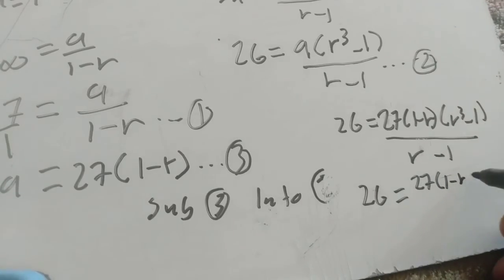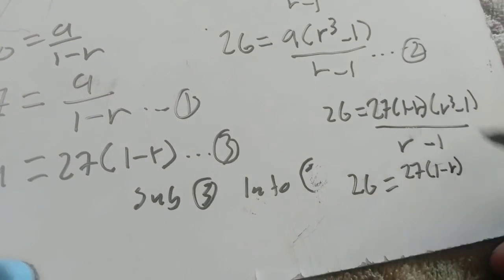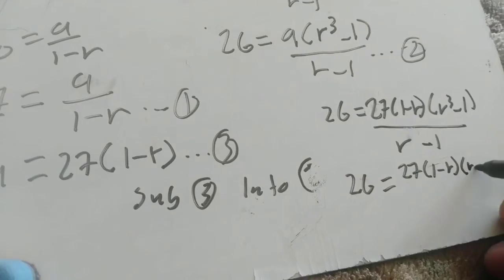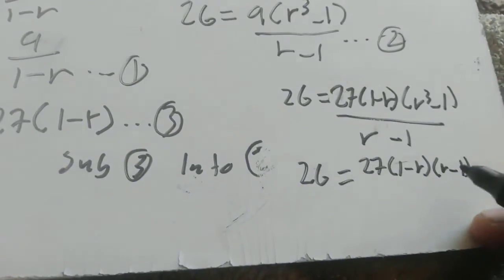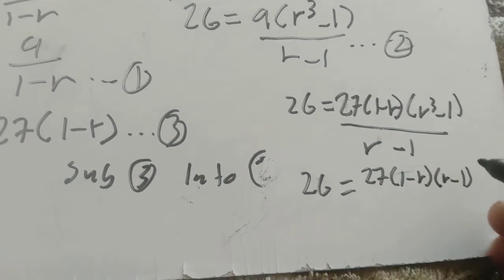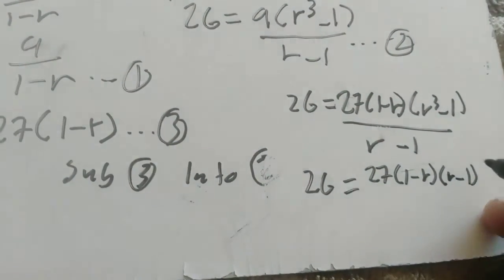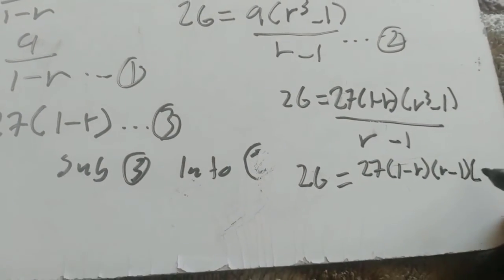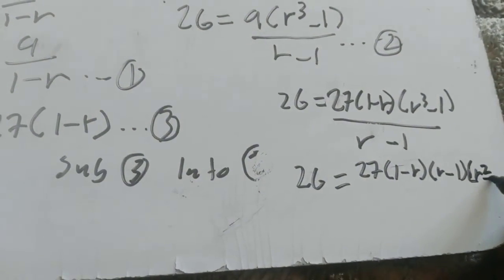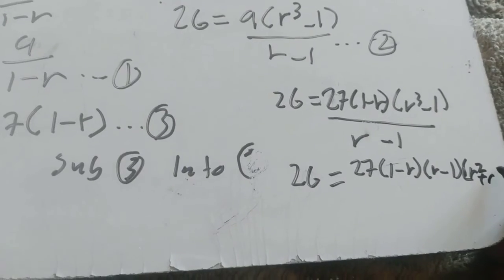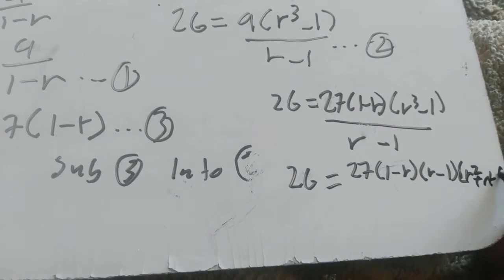So this is going to become this stuff. When you factorize the difference of two cubes, you just put down the cubes, and of course I'll put the link in the description below just in case you forgot. So this becomes r squared plus r plus 1.